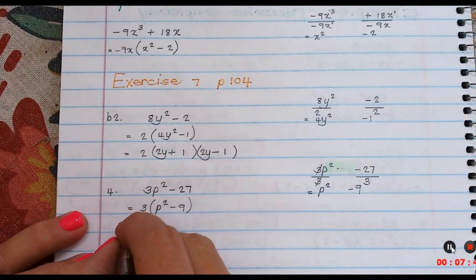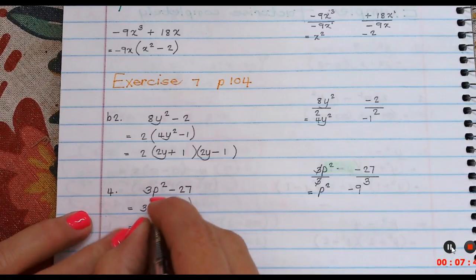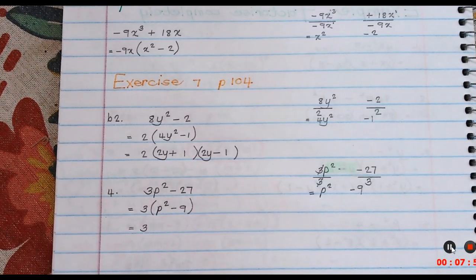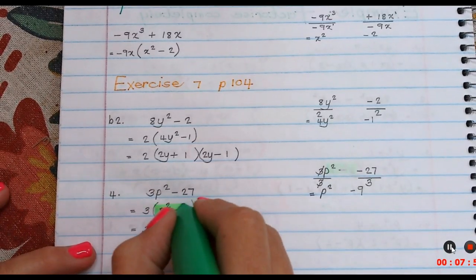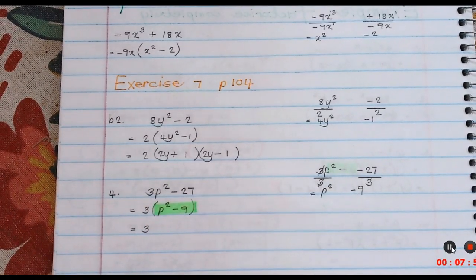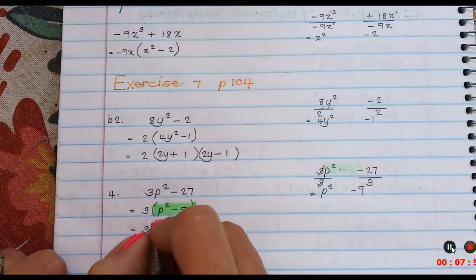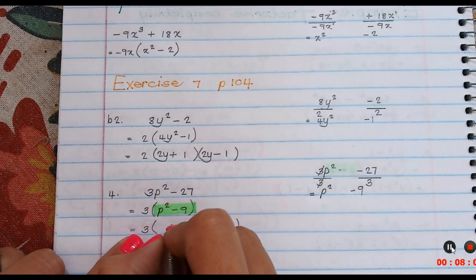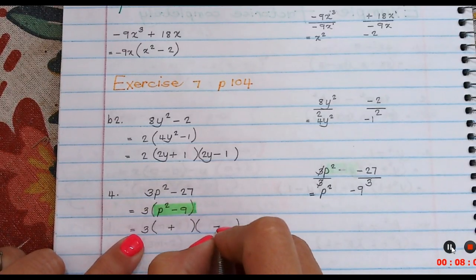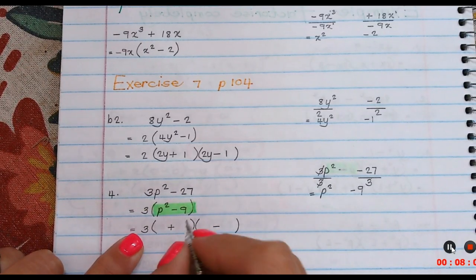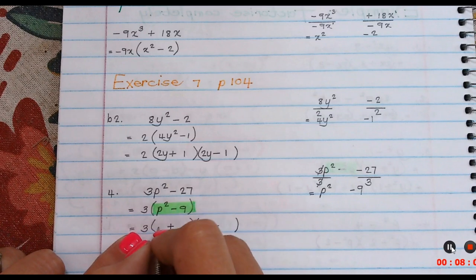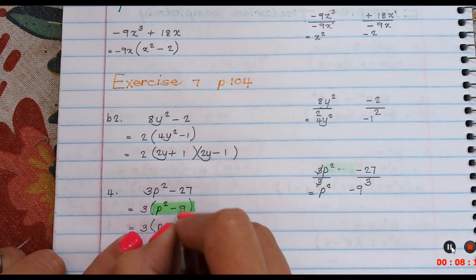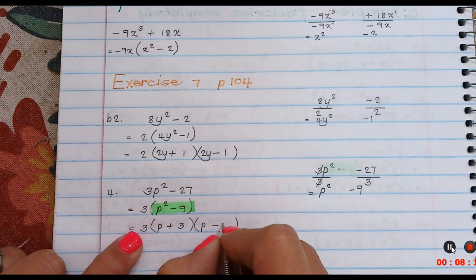So I'm going to copy and paste my 3, remember, I am looking at the part in the bracket. Therefore, hakkie hakkie. My first bracket, positive. My second bracket, negative. B squared, b times b. 9, 3 times 3.